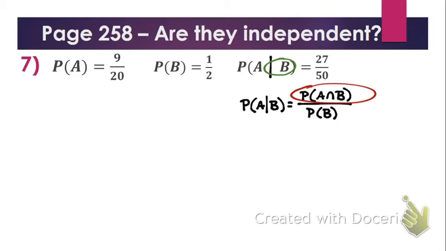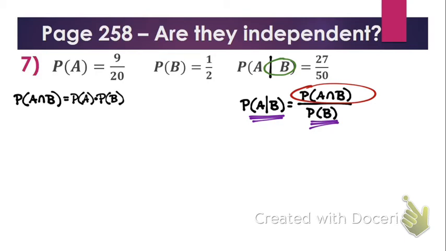I know the probability of A and B. No. Do I have this information? Yes. What about this? So can I find the probability of the intersection? Yes. We need the intersection if we're going to test for independence, because I need that to compare it to the product of A and B together.